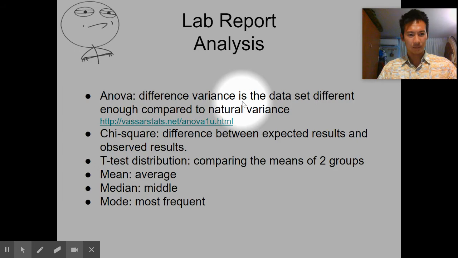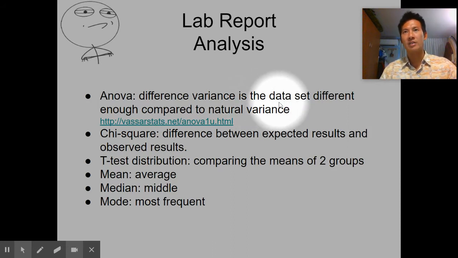Again, it's an analysis of variance. It sees whether the multiple data sets are different enough from each other, or whether the natural variances within one data set are larger.